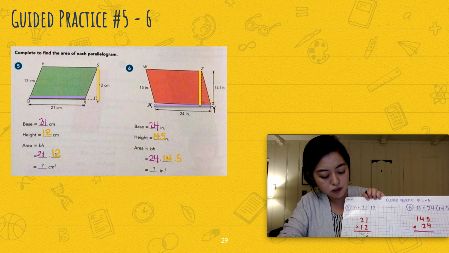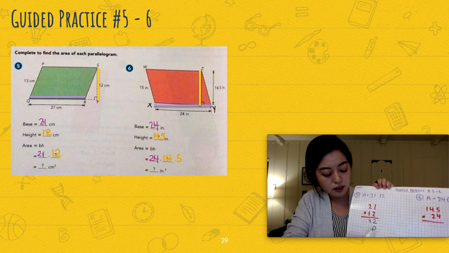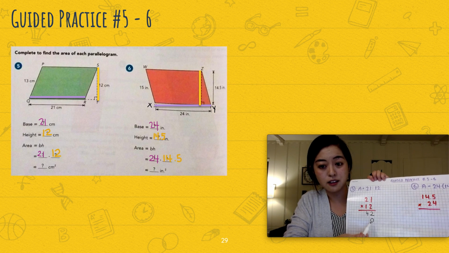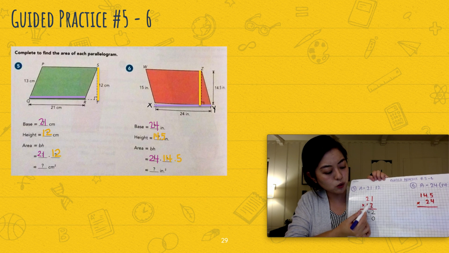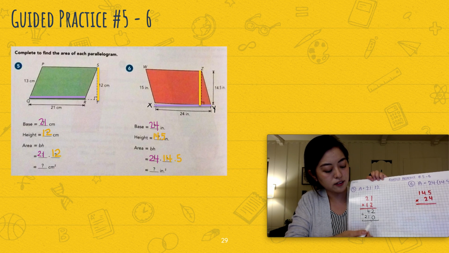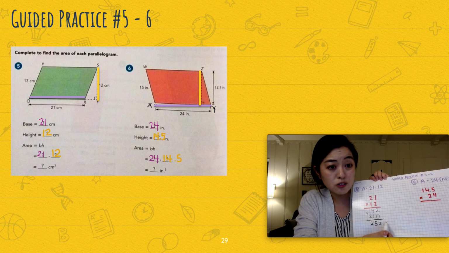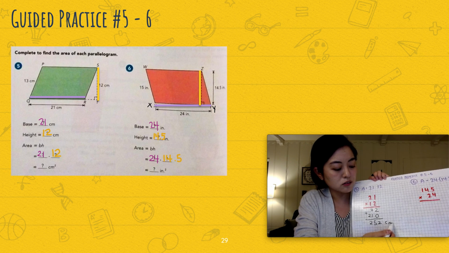Then you can drop a 0 to help you remember to keep the place. Then we do 1 times 1, which is 1, and 1 times 2, which is 2. Then we add these values up, and this becomes 252 square centimeters.